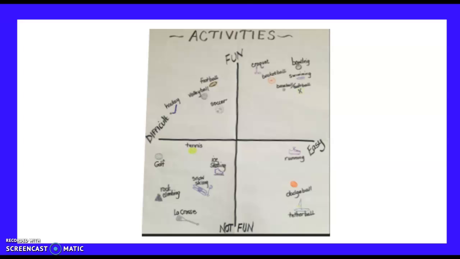And there, if you notice, they've done the 4 areas again. And the opposites on the top and the bottom are fun, not fun, difficult, and easy on the right and left. And so then each of the activities that they have listed in there fall under those categories.